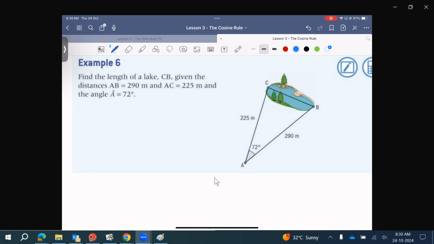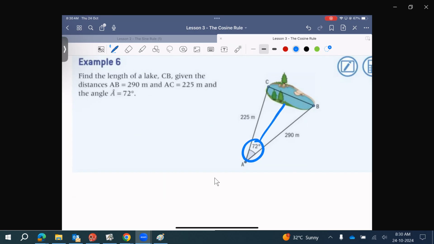No. Next, ask yourself this question: do I have an angle and side opposite? If you have an angle and side opposite, use the sine rule, or attempt to use the sine rule. At this point, I do not have an angle and side opposite. It's not right angled. Third choice is the cosine rule.